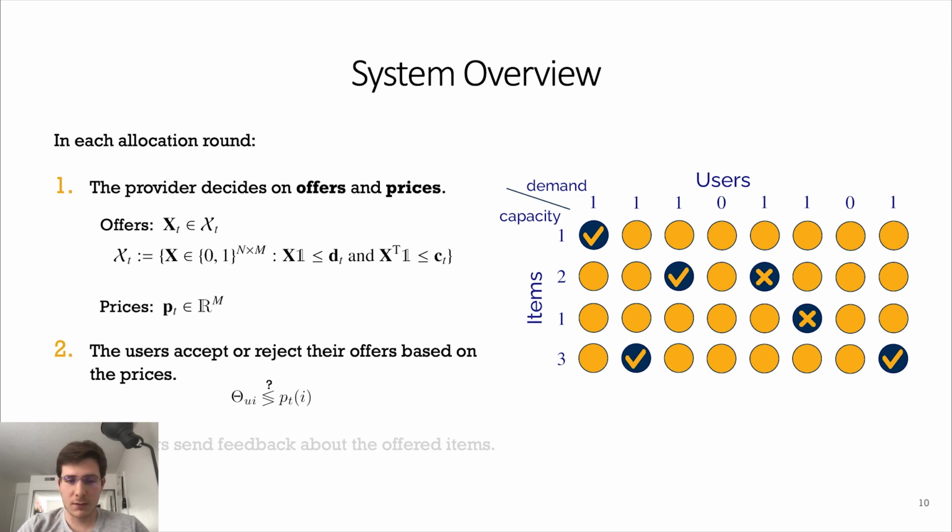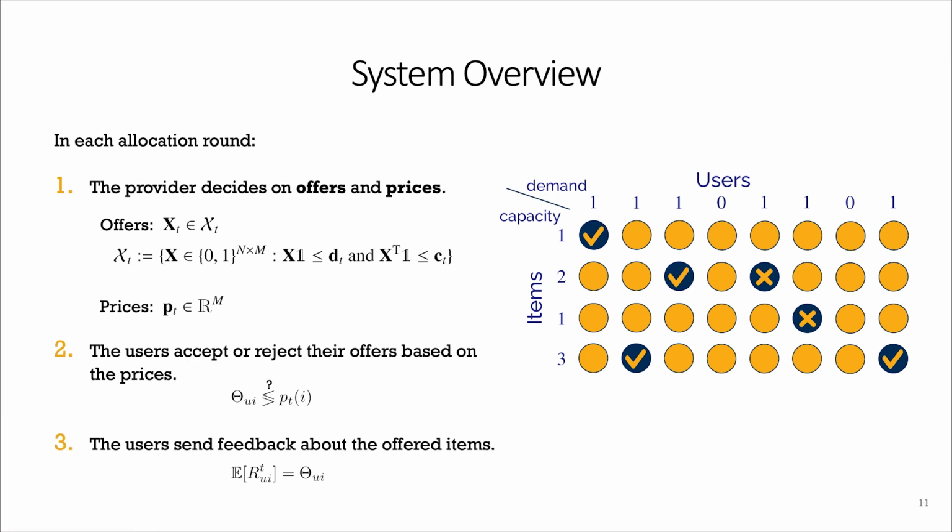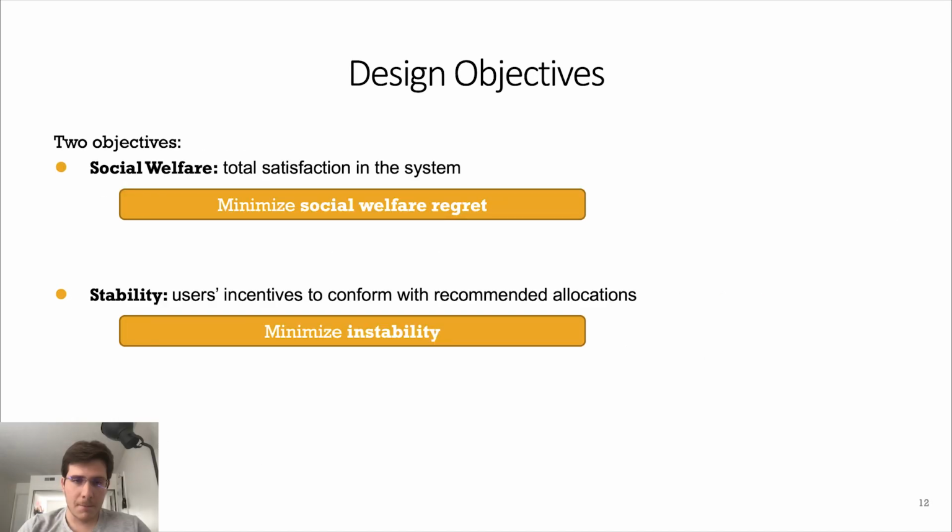If the theta UI value, the reward value, is less than the price pi, then the user does not accept the item, it rejects, and it results in zero reward. Lastly, after deciding on accepting or rejecting, the users send feedback about the offered items, and the feedback they send is in the form of the rewards, RUI, and the expectation, as we described, is given by theta UI.